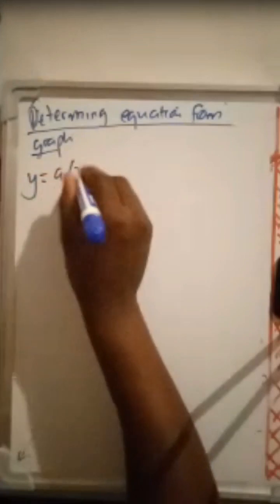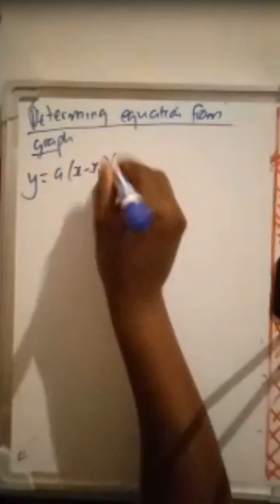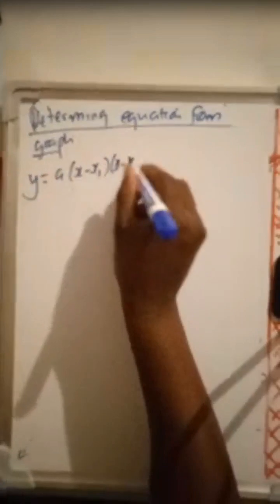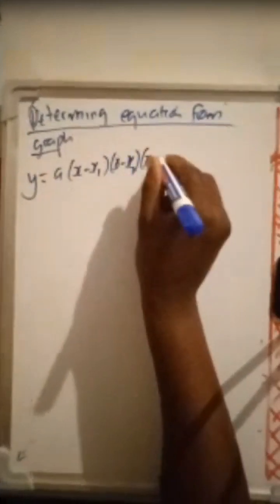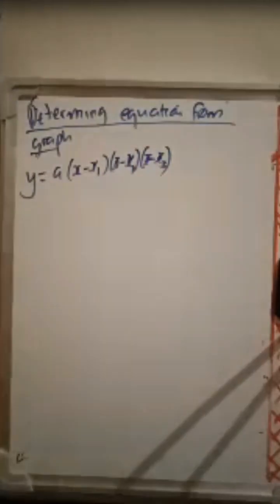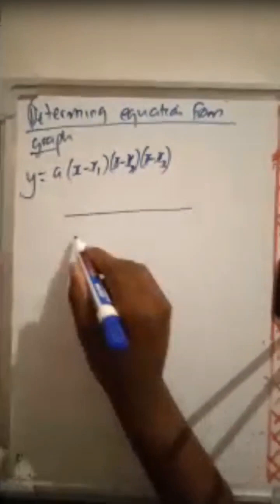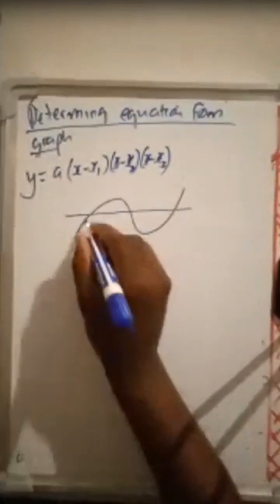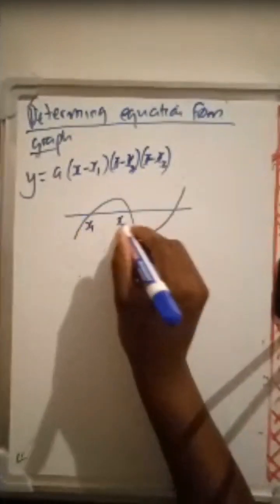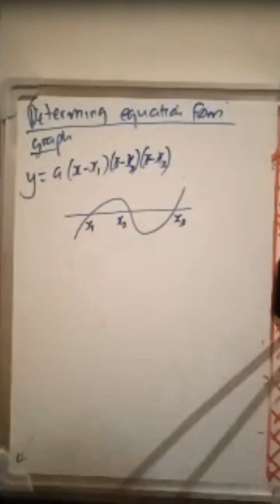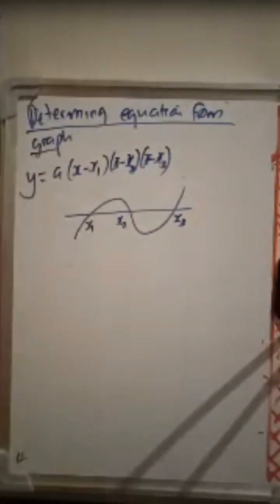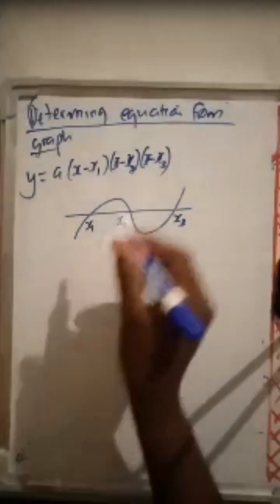We can use y is equal to a(x minus x1)(x minus x2)(x minus x3). That is if the graph that we are having is of this nature, where x1, x2, and x3 are all three intercepts. Then to determine the equation, it's x minus x1, x minus x2, x minus x3.